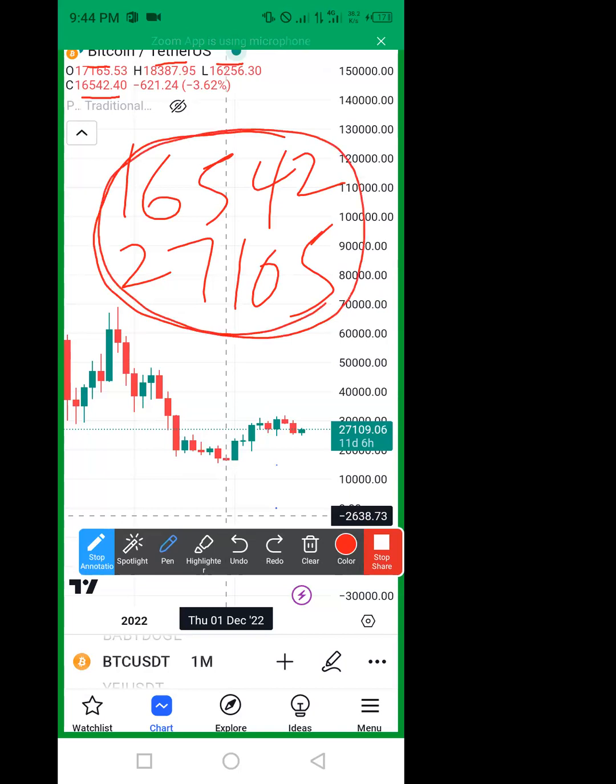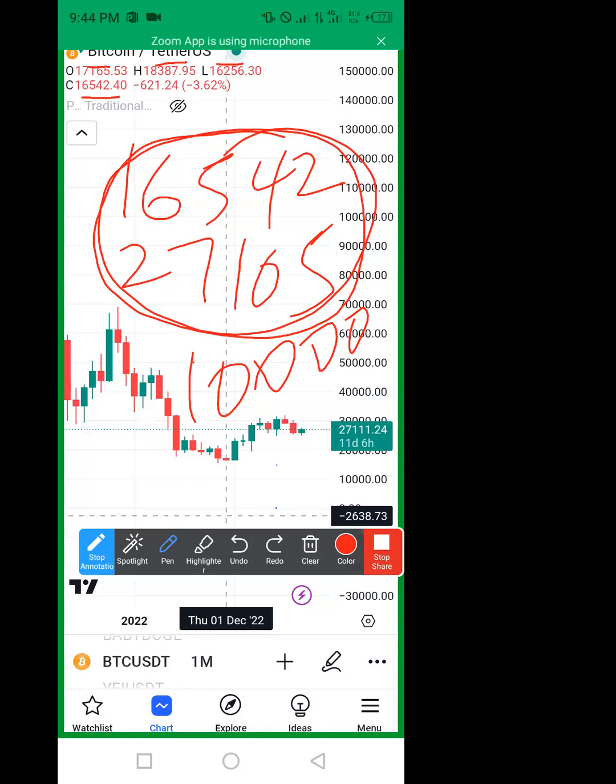The movement is 10,000. So if you had bought the Bitcoin in December last year, and you did not sell it till today, you'd be in money. That's how crypto moves.